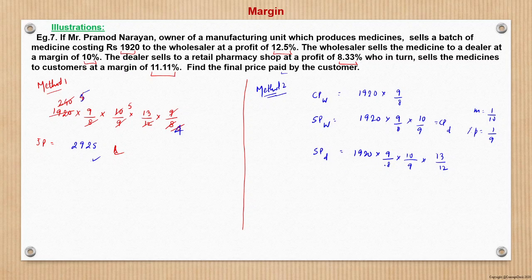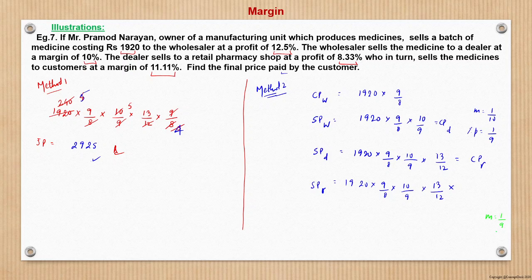This is the selling price of the dealer, which in turn becomes the cost price for the retailer, right? And what will be the selling price for the retailer? It will be 1920 into 9 by 8 into 10 by 9 into 13 by 12 into... Now he is selling at a margin of 11.11. So here margin of 11.11 means 1 by 9.